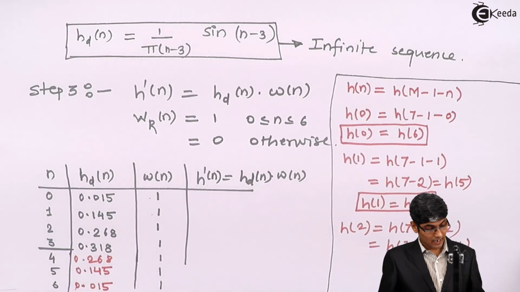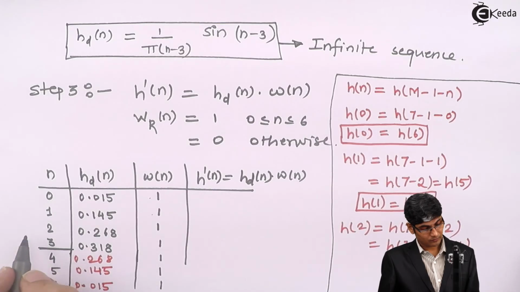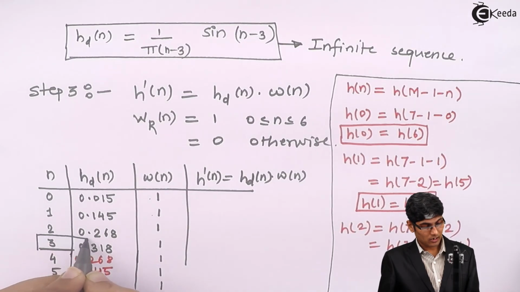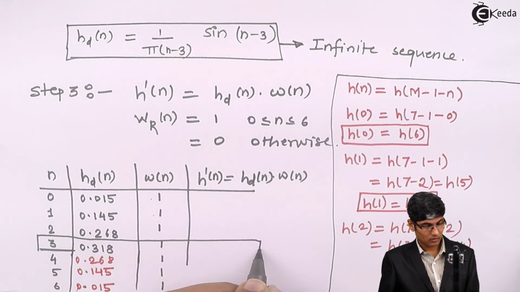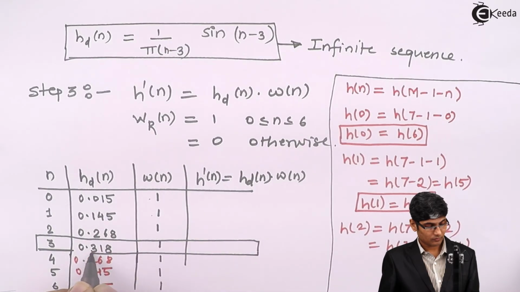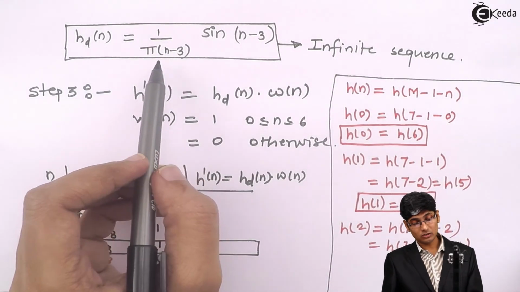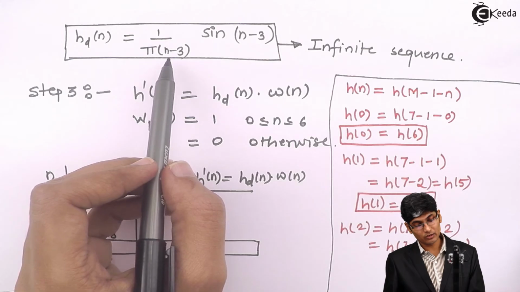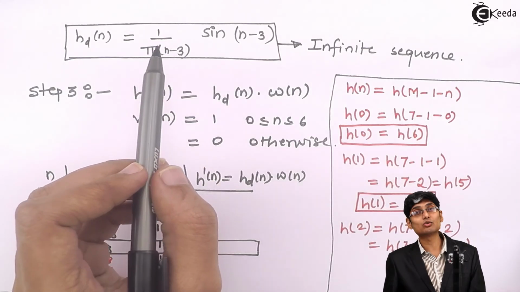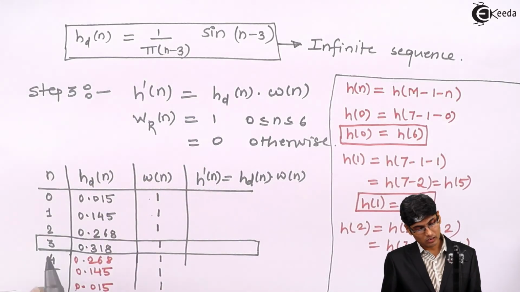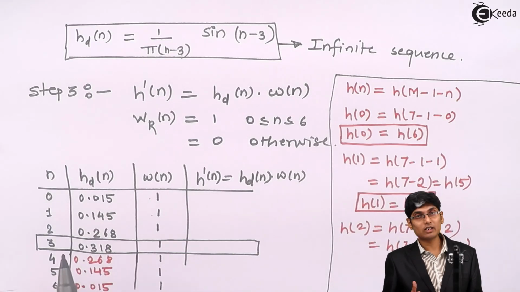Agreed? And h of 3 will be a special case, because here hd of n goes to infinity, since 3 minus 3 gives 0. So let us not treat it right away; let us see how we get a finite number.